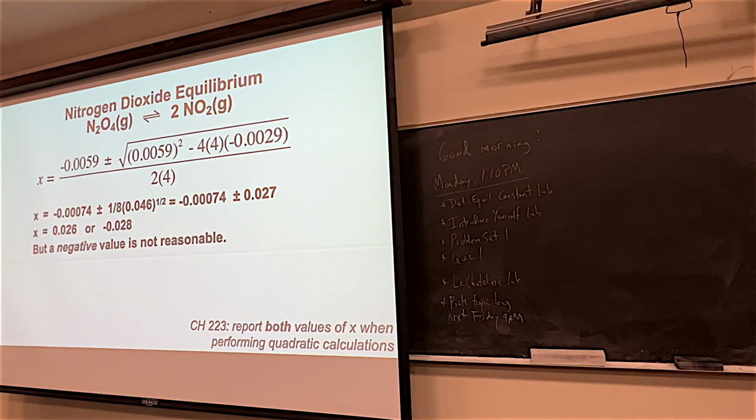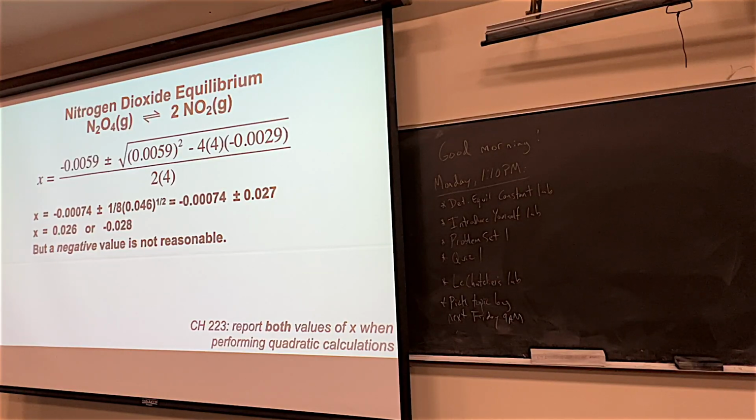Only one of the values, though, is going to be helpful to us in chemistry. And again, if you've been with me before, I've talked about how negative mass just doesn't fly, all right? You can't have negative grams. That means you can't have negative moles, negative molarity, all these kind of things. So if you get a negative answer, a negative x, that's not going to happen in chemistry, all right?